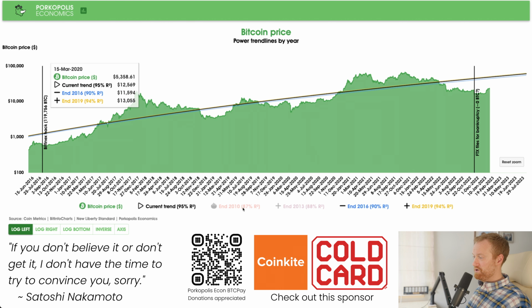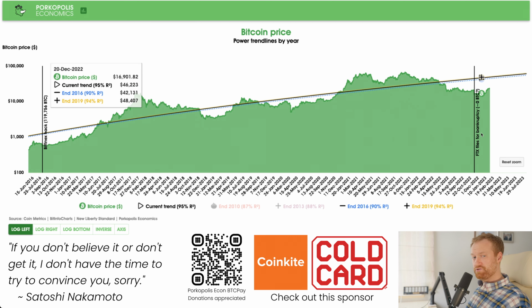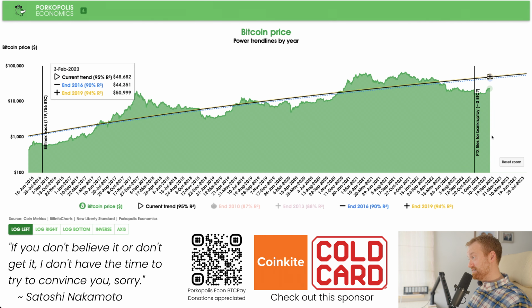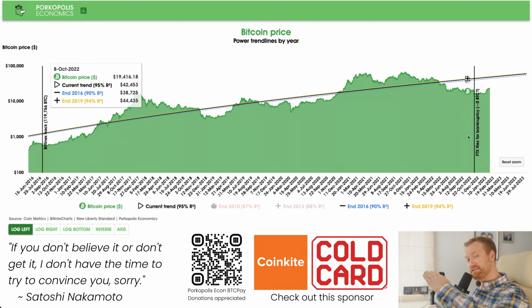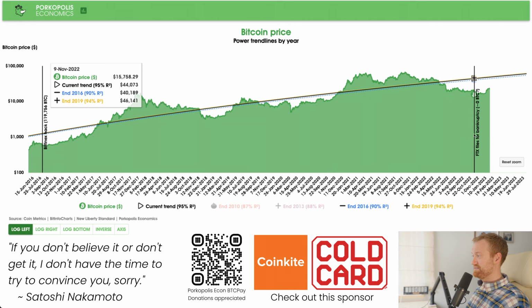Maybe we'll go way back to the 2010 trend line. Maybe we'll post new all-time lows here now that we're below these trend lines. Maybe. Again, that black line is not going to start rising up again until the current price gets above it. So we are going to continue to pull the black line down slowly, as long as the price is under the black all-time trend.